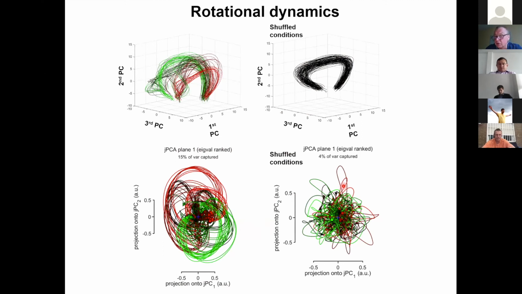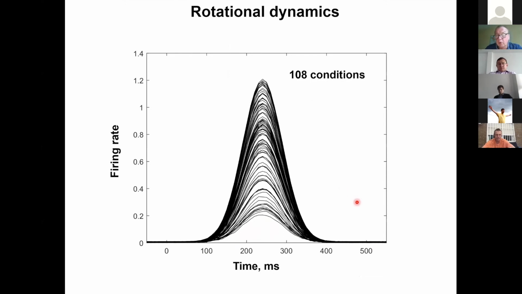This was a little bit surprising for me, so I didn't know what to think, but a little bit later I will tell you why this happened. In the meanwhile, I did a very simple simulation where I assigned to each neuron a response that looked like this, and I randomly assigned response amplitude to different conditions.